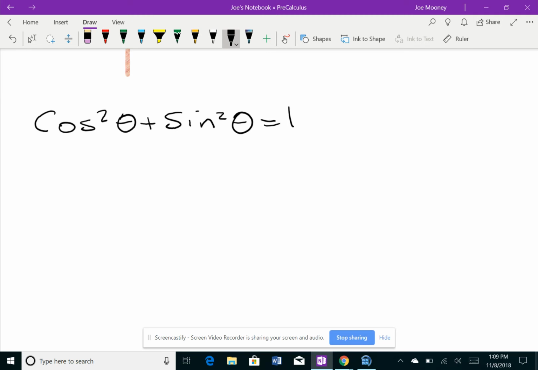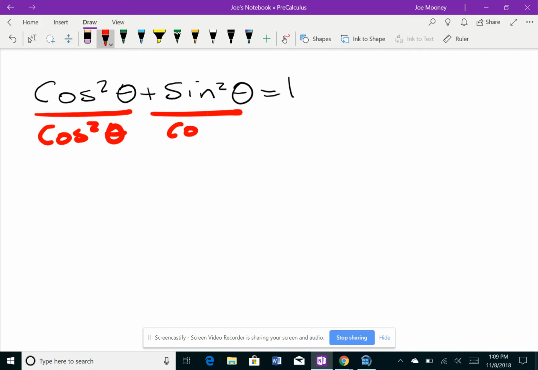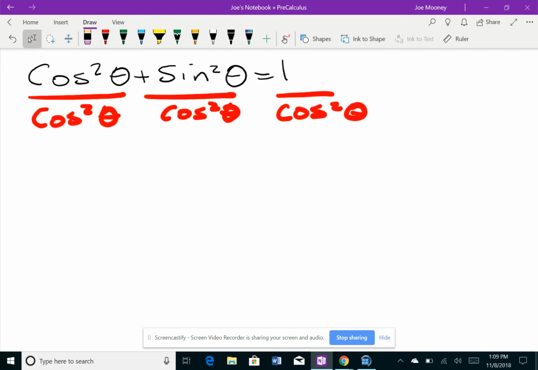Let's do a legal operation in math. What thou doeth to one term, thou doeth to all. So we're going to divide them all by cosine squared. And when I use my identities that I know, I divide cosine squared by cosine squared, leaves me with 1.